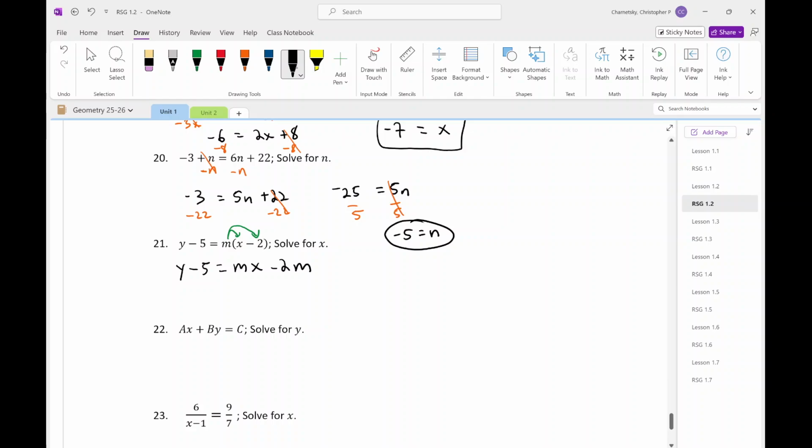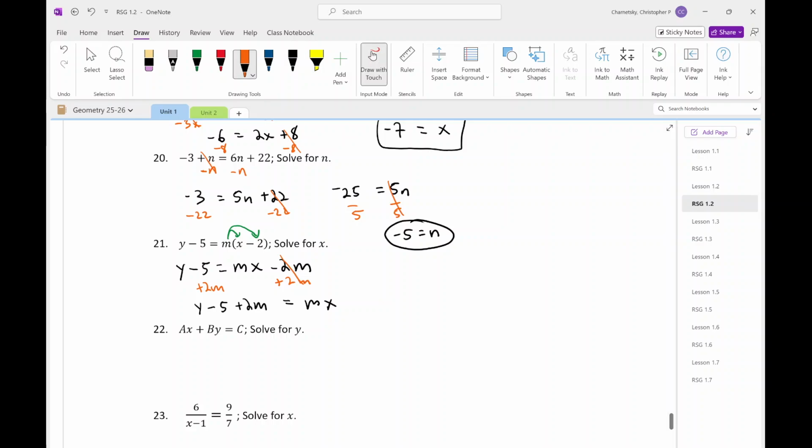Our goal, remember, always get x by itself. So next thing I'm going to do is add 2m to both sides. Get rid of that thing. And over here I can't add m to either of these terms, so on the left I'm going to have y minus 5 plus 2m is equal to mx.